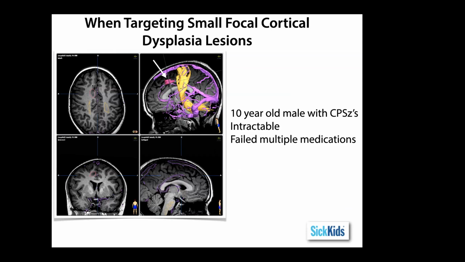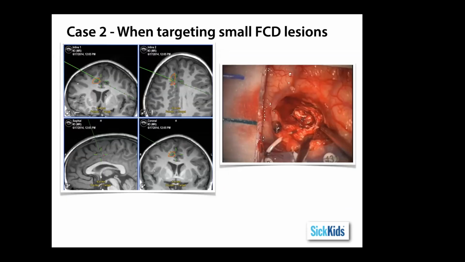These are sometimes hard to target, and this is after we had actually identified the lesion. We decided we'd put a depth electrode into the area because even though you can see the lesion on MRI and you can use navigation, you just have to trust me on this one. Sometimes it's hard to find these, and it's nice to have a fence post or a guidepost leading you into the direction of where this lesion actually is.